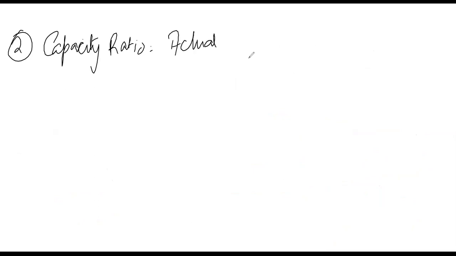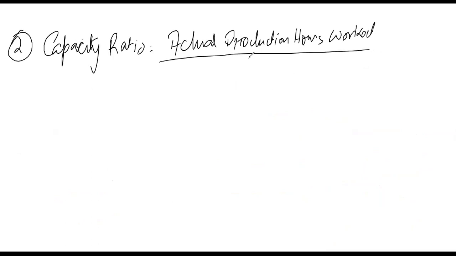Okay, the second ratio is the capacity ratio. Capacity ratio states that the actual production hours worked divided by budgeted production hours.